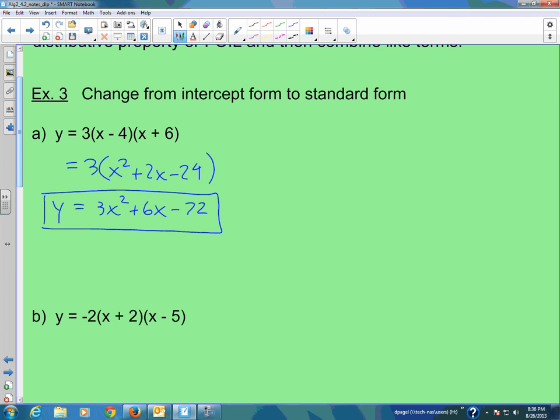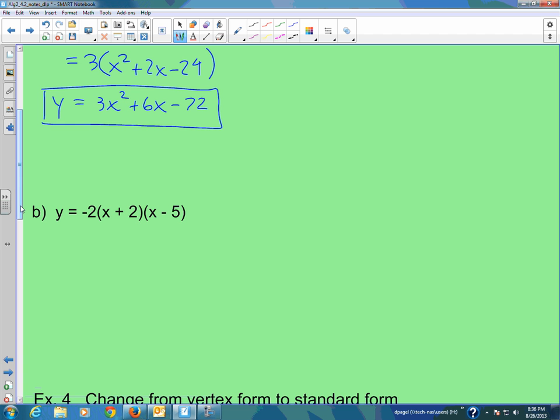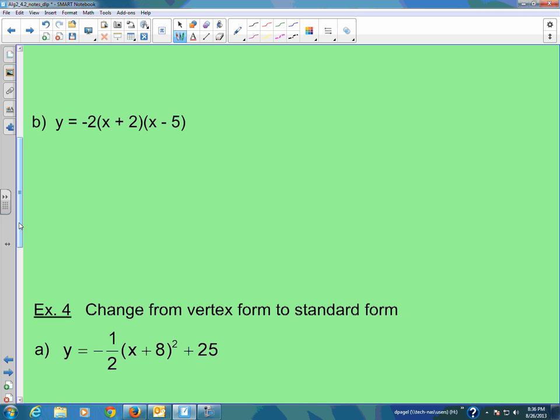So it's fairly straightforward. Distributive, expanding, put myself in descending order, highest power first, and then working my way back down to a constant.